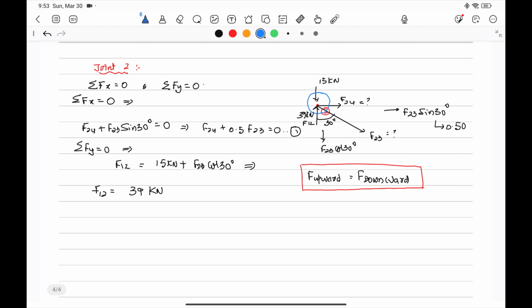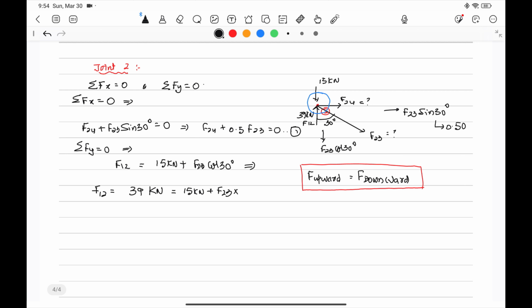Now, F12 is 39 kilonewtons. It is at the joint 2. Its direction is towards the joint and upwards. That upward force is equal to the total downward force. What is the downward force? 15 kilonewtons plus F23, which is not known to us.